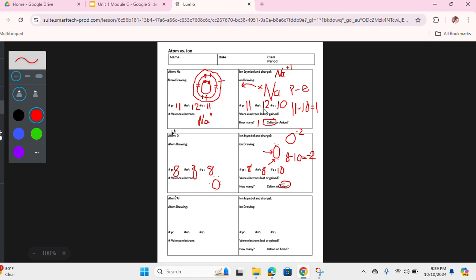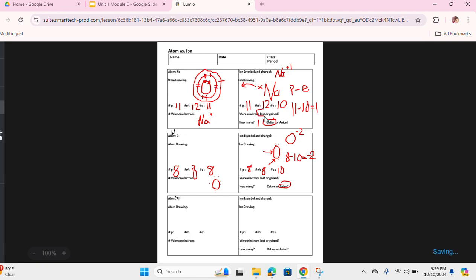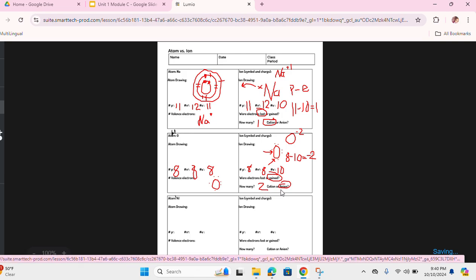We lost those electrons there. Here we gained electrons. That's why we have the negative charge. We gained 2 electrons, so we have an anion. I hope that makes sense. I made that little mistake, but hopefully when we look at this next example, we can fix it.